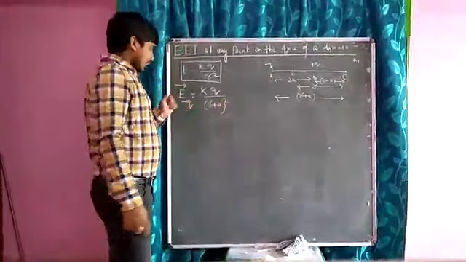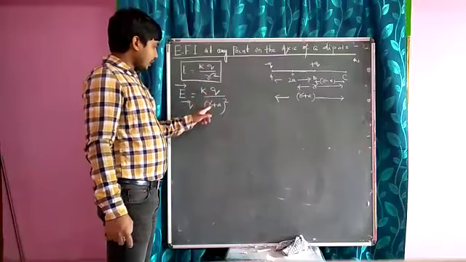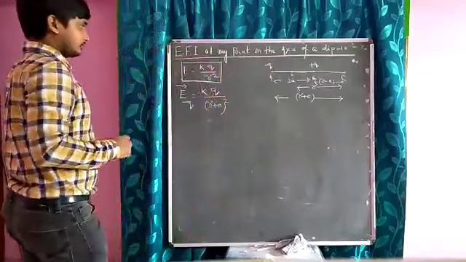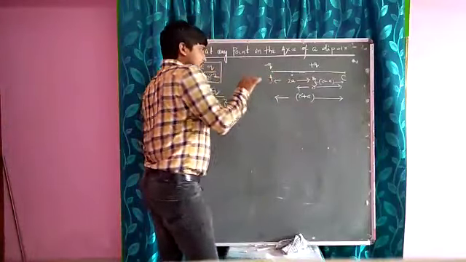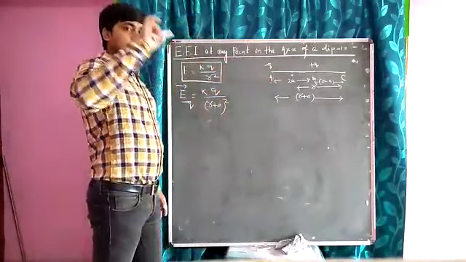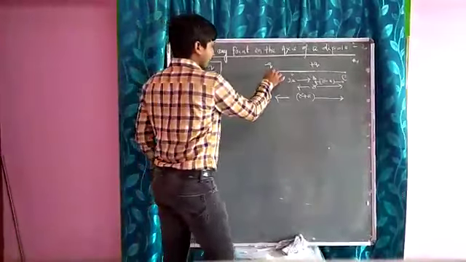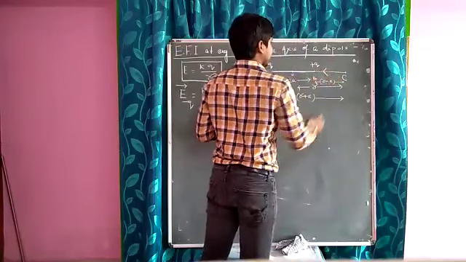So now I can say that the electric field intensity due to minus q will be equal to kq by r plus a whole square. And what about its direction? Now just see, the direction of the electric field is always from positive charge towards the negative charge. That means the electric field due to minus q will be directed towards the negative charge.